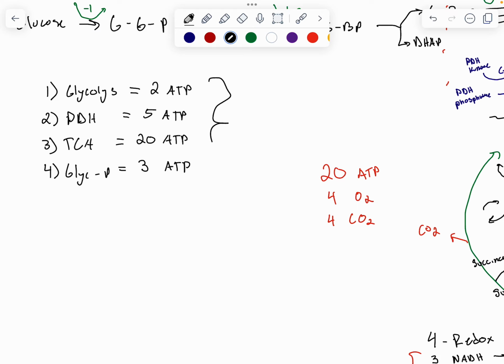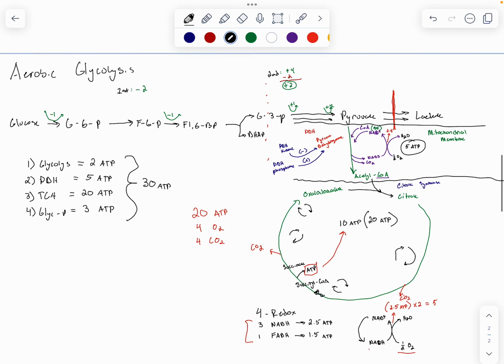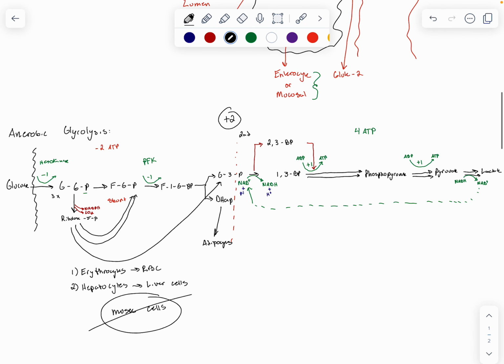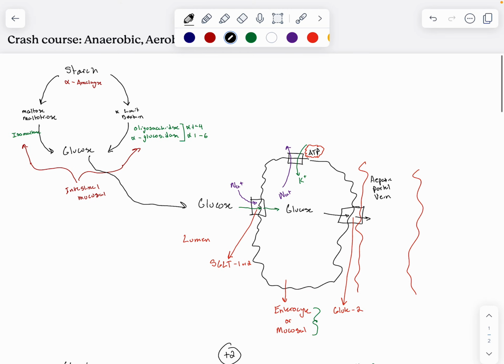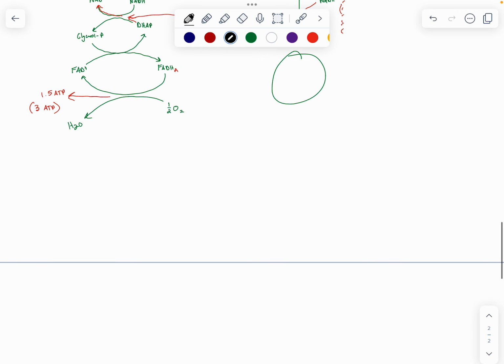So as a result, we produce 30 ATP. And there we go. That is the aerobic glycolysis broken down as a huge long review again. And right up here again, aerobic glycolysis with only a net total of 2 ATP. And then we also have our beginning stages up here. So with all this out of the way, we can get into the new content now.